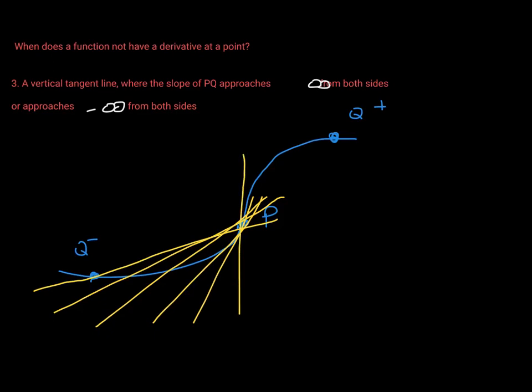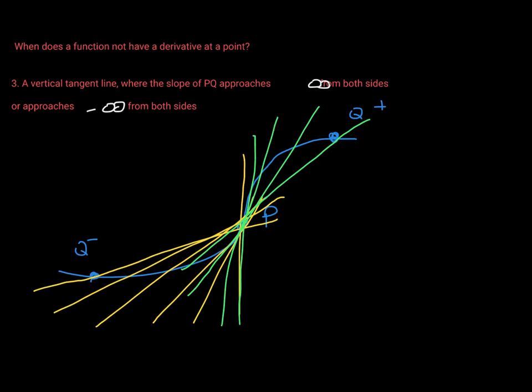And from the other direction as well, as point Q gets closer and closer to point P, these secant lines, let's see if I can do this in another color so that it's not horribly sloppy. There's your first secant line. And then here's another secant line, another secant line, another secant line.